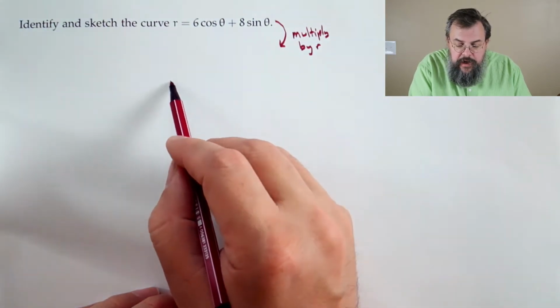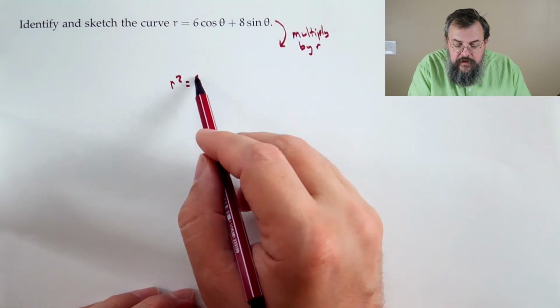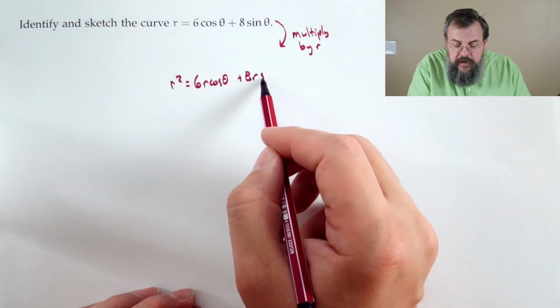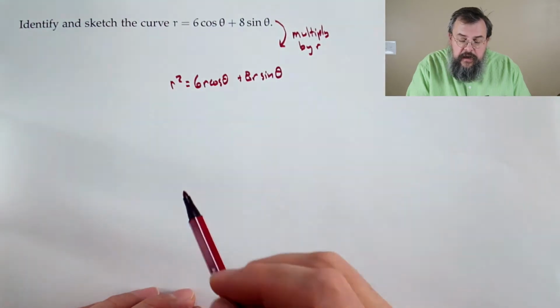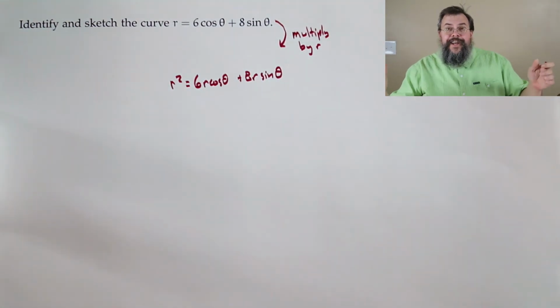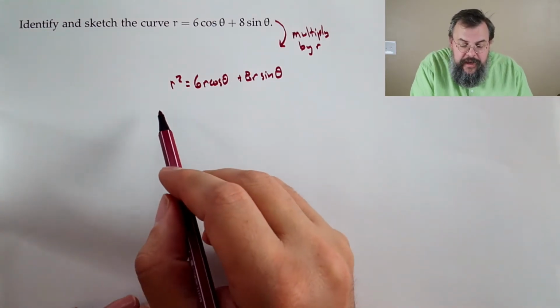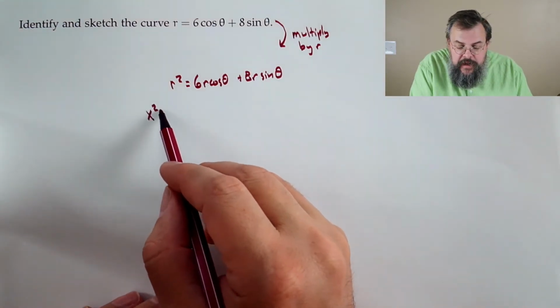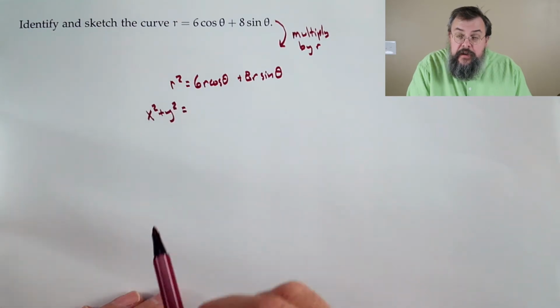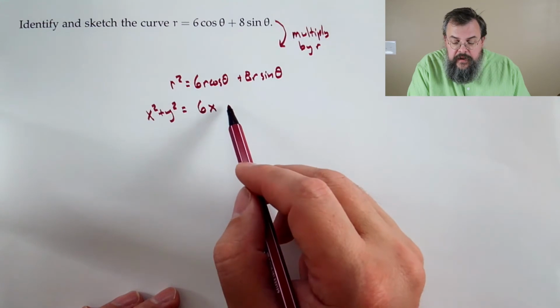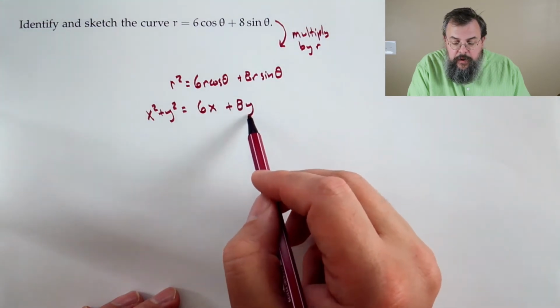We'll get r squared equals 6r cosine theta plus 8r sine theta. And now we're like, hey, this is great. r squared becomes x squared plus y squared. r cosine theta, x. r sine theta, y.